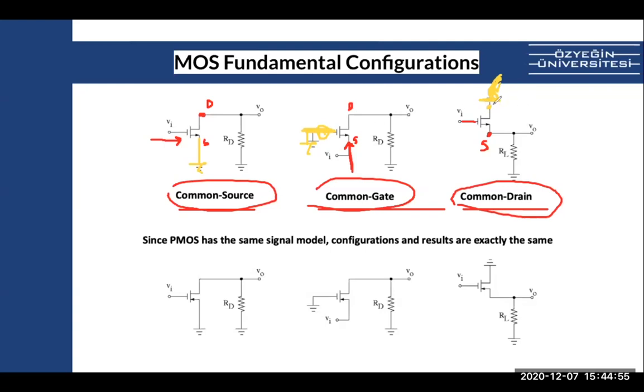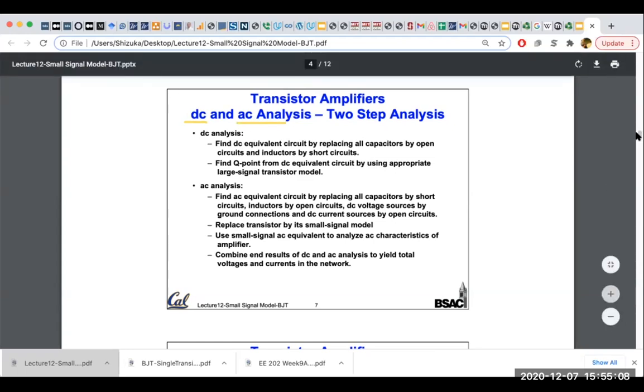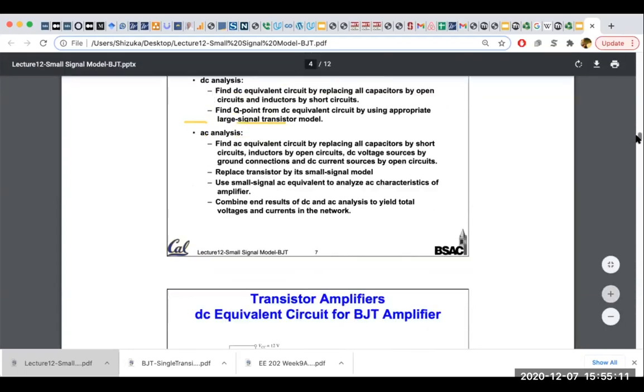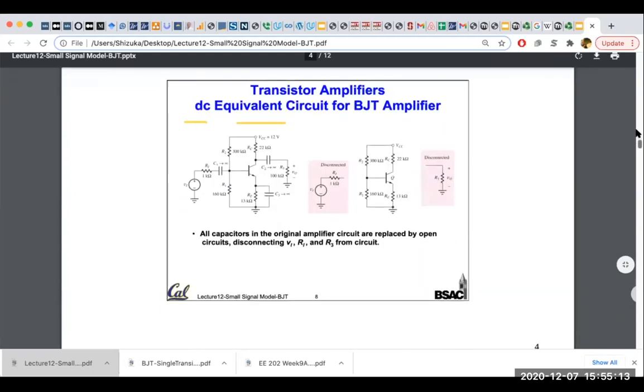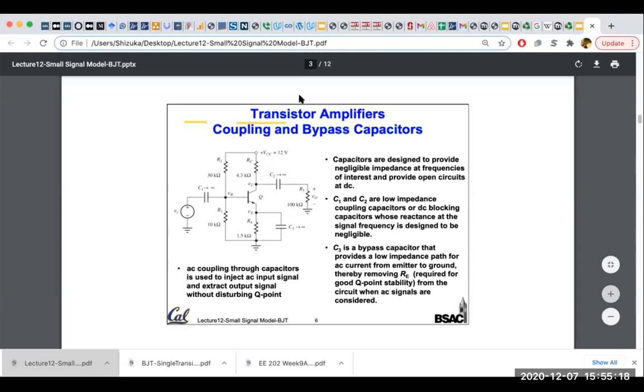So you can ask me, if you are shorting it, how are we getting signal? How are we amplifying? Well, you have two domains: the AC domain and the DC domain. Let's figure out what the DC and AC equivalents of the circuits are. Looking at basic CMOS or BJT amplifiers, you are given a complicated configuration and you don't know how to solve it.